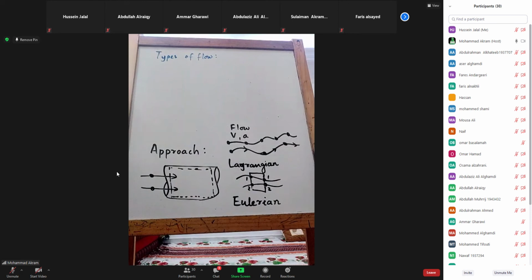Types of flow. Now in this, the flow can be defined in multiple ways.